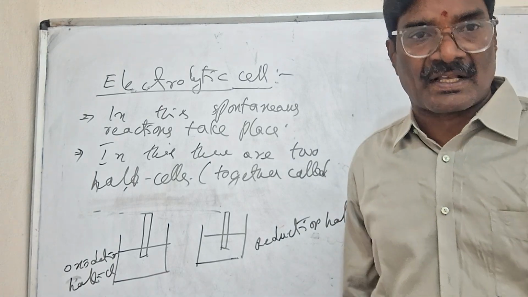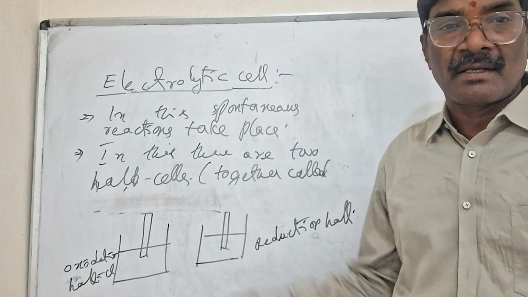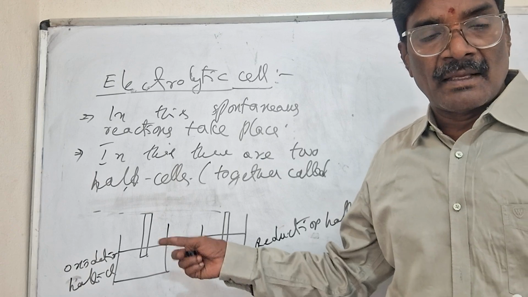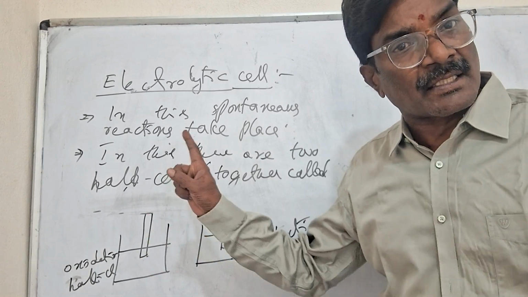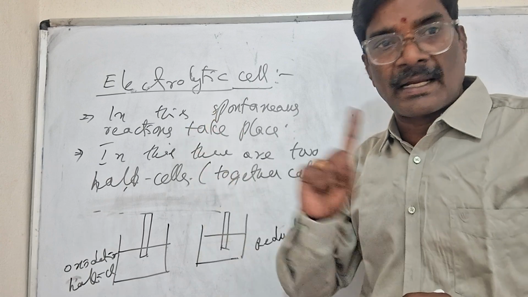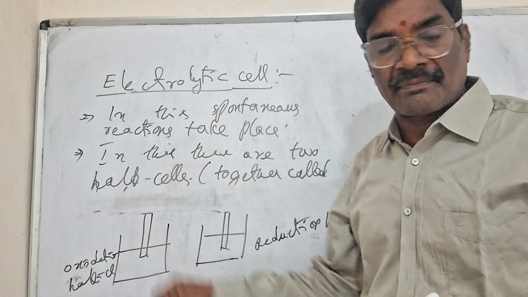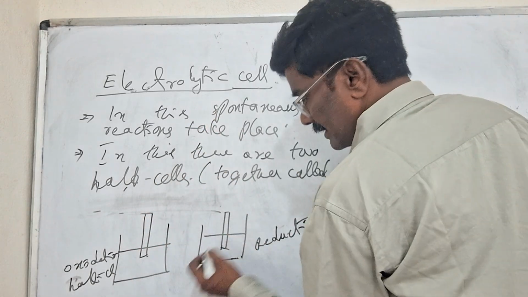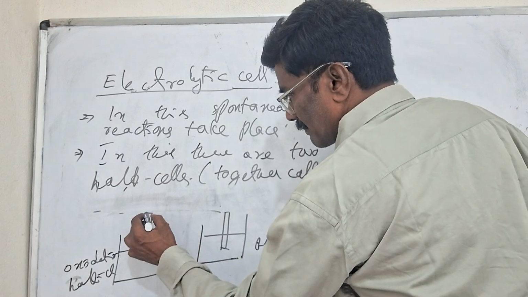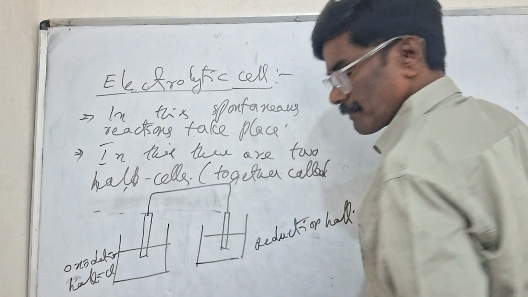Construction you should understand first: a very clear-cut construction and general notation of the diagram. We cannot write reduction on the left side. These two half cells are connected by a copper wire.